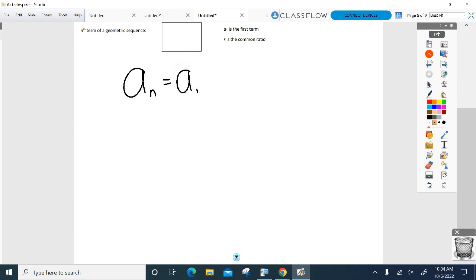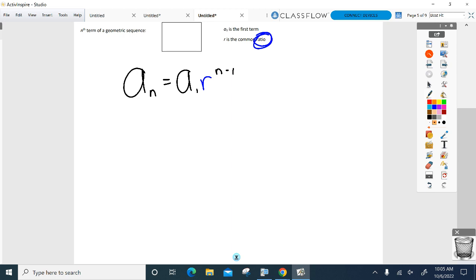Now here comes the new part. R, common ratio. Anybody remember the common difference from arithmetic? It's the same, but now I call it common ratio. That is what you multiply by. Do not write in there what you divide by, what you multiply by. And then the rest of it, as you can see on your formula sheet, n is whatever position this number is in the sequence, minus 1.